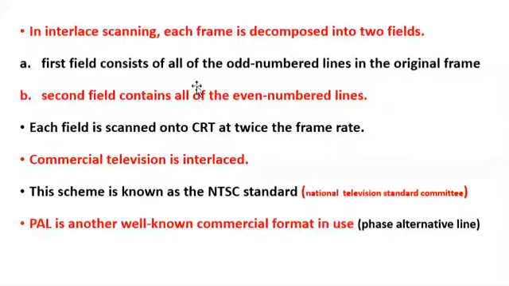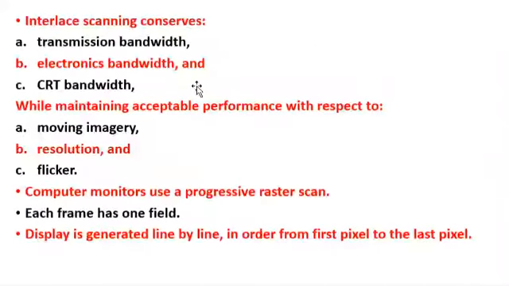Commercial television screens are interlaced in nature, and this interlace has a popular name. It is called NTSC, which stands for National Television Standard Committee, and the other one is called PAL, which is Phase Alternating Line. And these are the two types of interlace method.